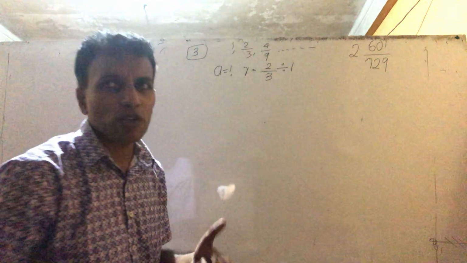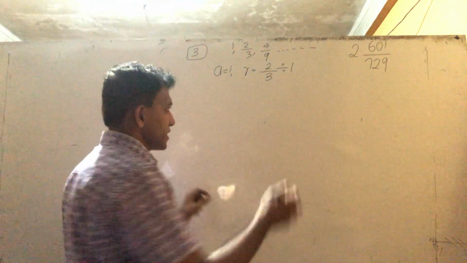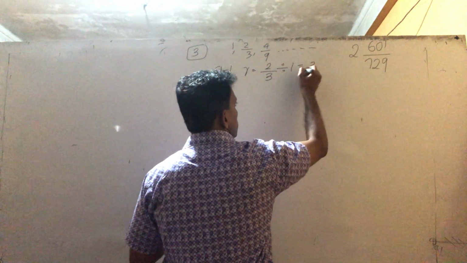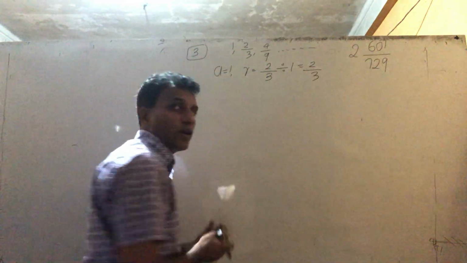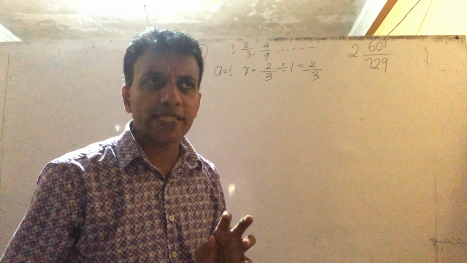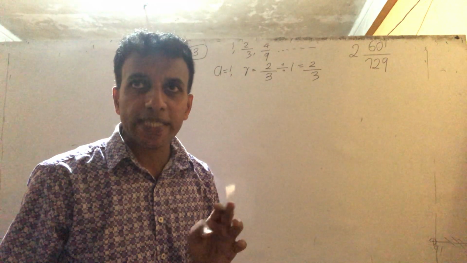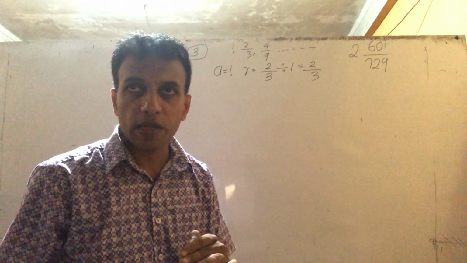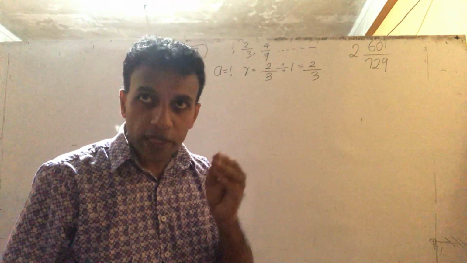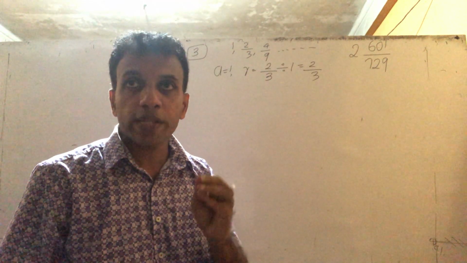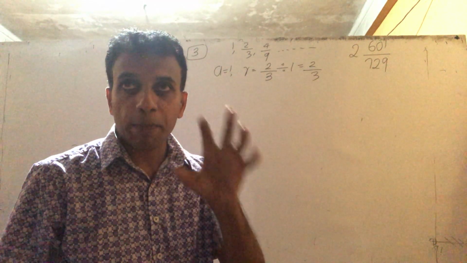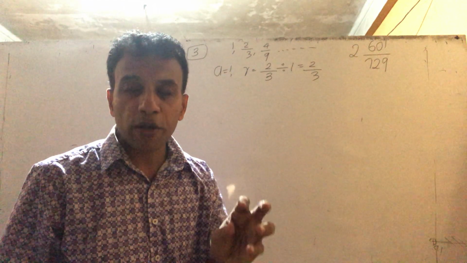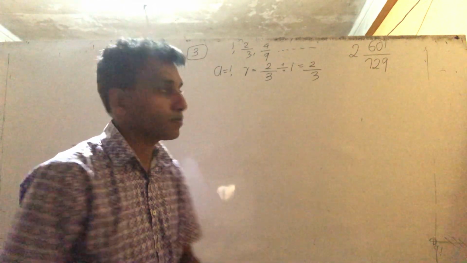So 2 over 3 divided by 1 is itself. So the answer is 2/3. Common ratio 2 over 3. Is this number greater than 1 or less than 1? 2/3 is smaller than 1.